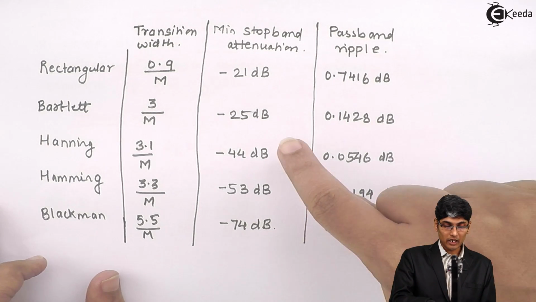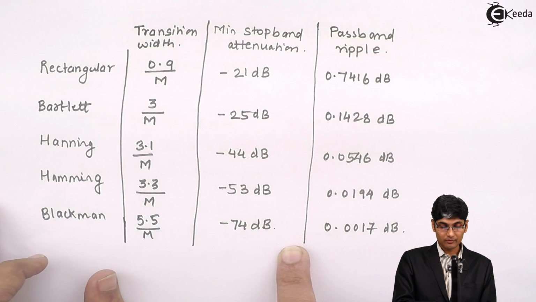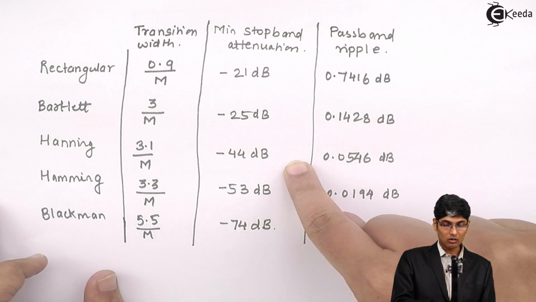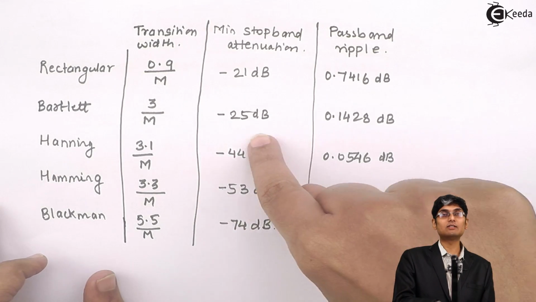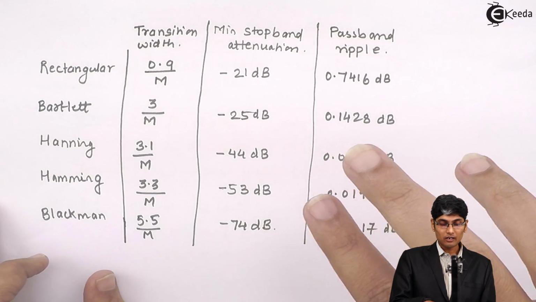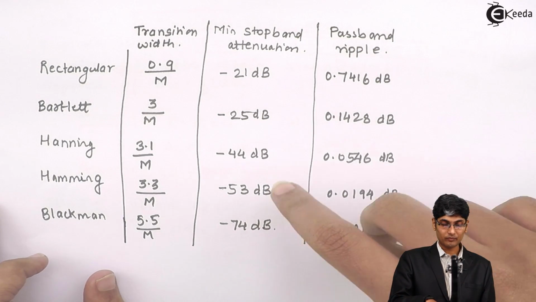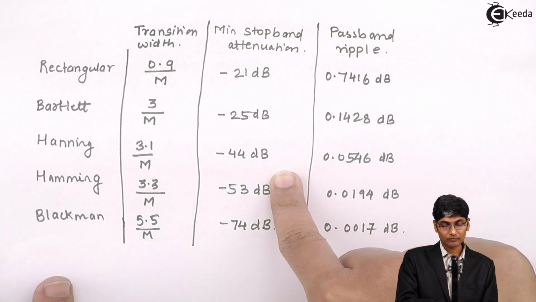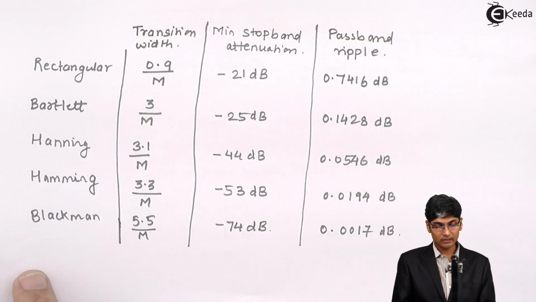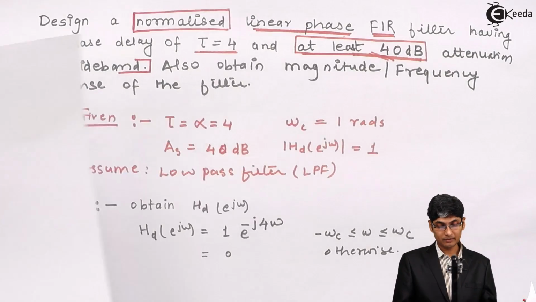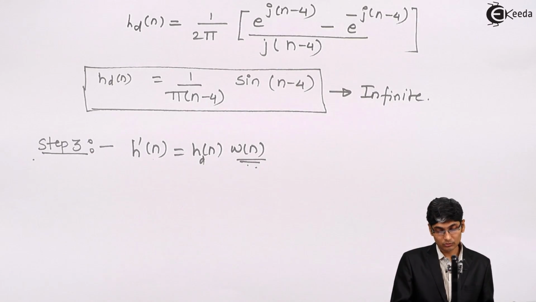Okay, so out of the 5, the choice is of the designer whether I should go with Hanning or with Hamming or with Blackman, because all of these 3 satisfy the given criteria. In our case, we will only consider the next highest one, that is the 44 dB. So with the 44 dB, I will be going with the Hanning window rather than using either Hamming or Blackman. So this is how we need to identify which window to be used.